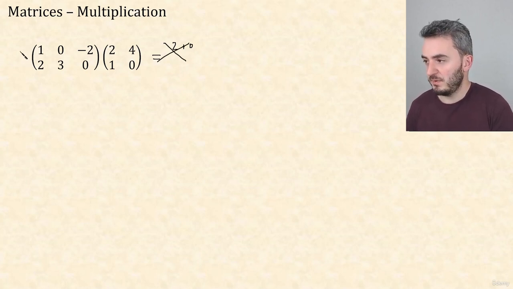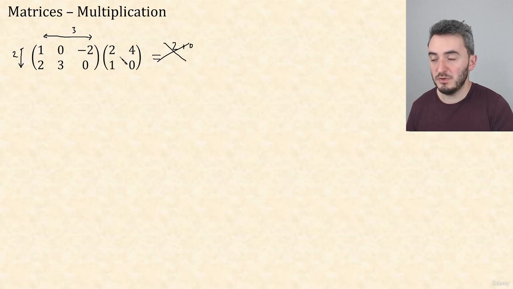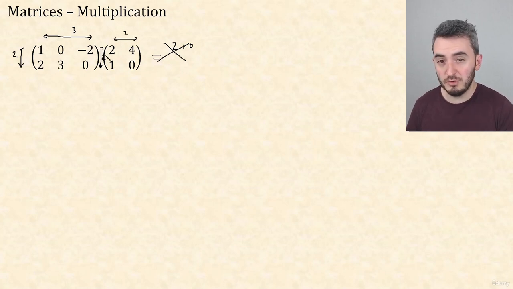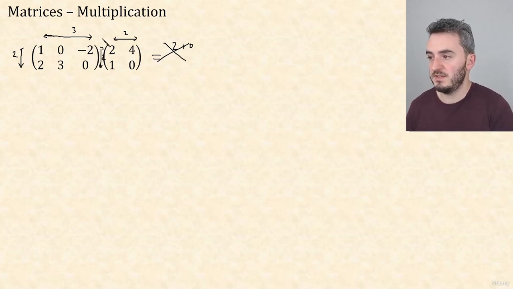Now, the reason for that is we've got a 2 by 3 matrix here, and we're trying to multiply that by a 2 by 2 matrix here. And the crucial feature that you need in order for multiplication with matrices to be possible is you need this dimension here to match this dimension here.